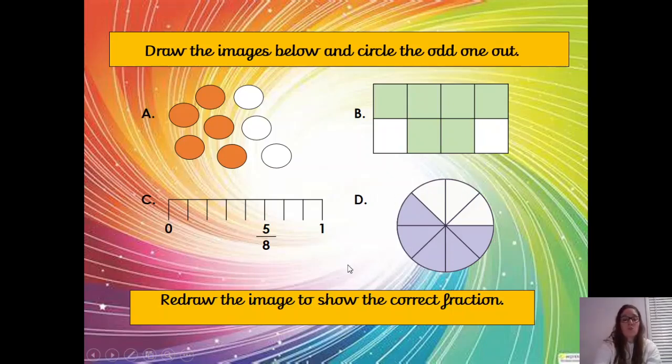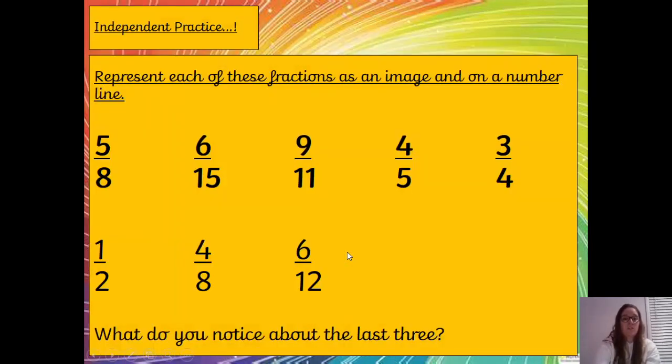Don't mind how you draw it, but you must choose one drawing and a number line for each of the fractions shown. So you've got 5/8, 6/15, 9/11, 4/5, 3/4, 1/2, 4/8 and 6/12.